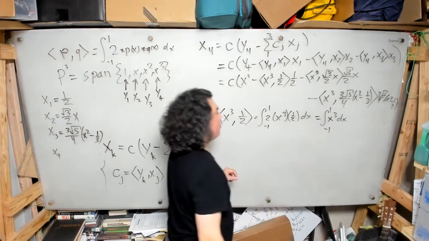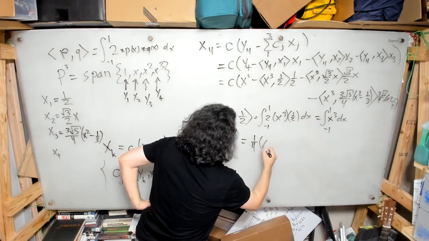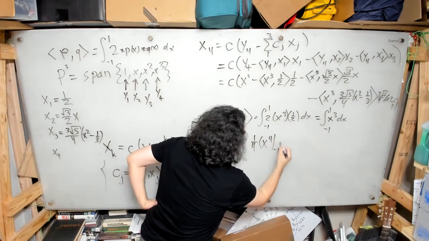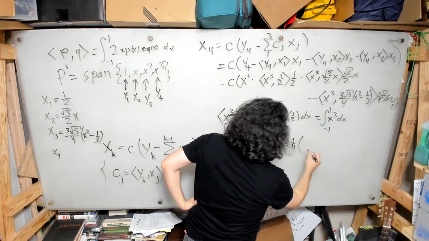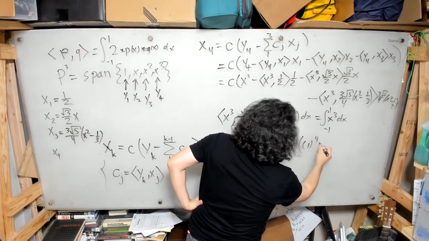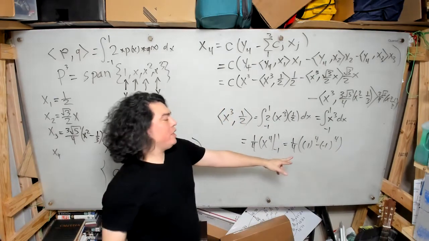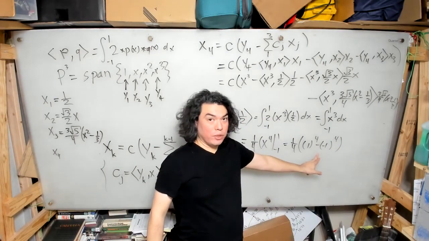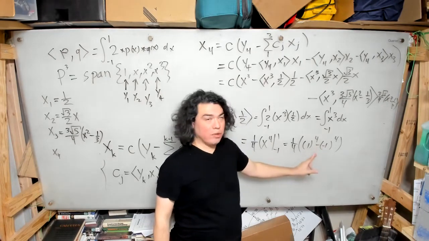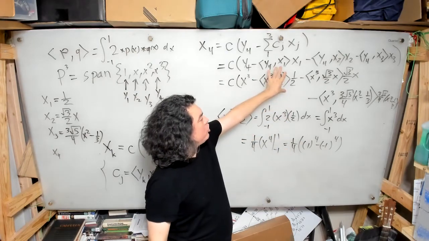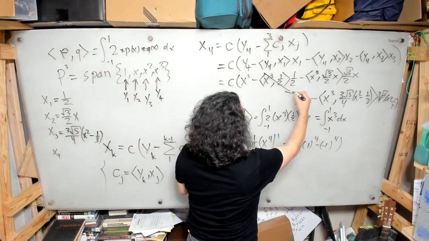Now here, that'll become 1 over 4 times x to the fourth power evaluated from negative 1 to 1, which will be 1/4 times 1 to the fourth power minus negative 1 to the fourth power. Negative 1 to the fourth power is positive 1, and 1 to the fourth power is positive 1. 1 minus 1 is 0. So the contribution of this term is gone. This goes to 0.